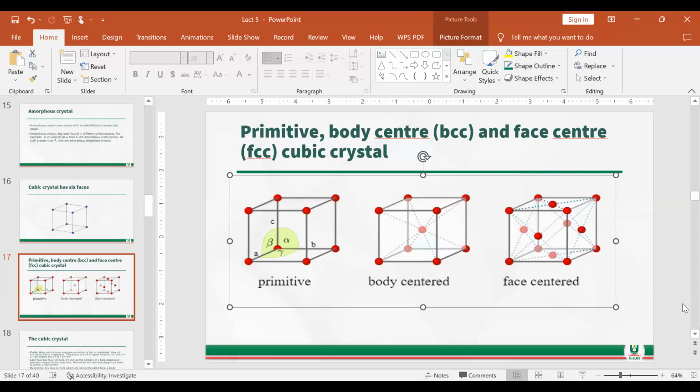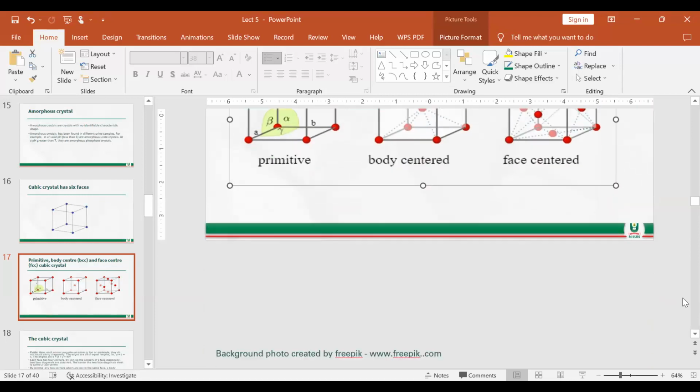So there are 3 types of unit cells: we have the primitive unit cell, we have the body-centered, and we have the face-centered unit cell. So let's move on.